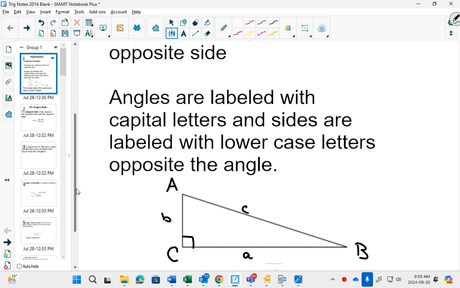And I chose A, B, and C this way because we often talk about a squared plus b squared equals c squared, where c has to be the hypotenuse. So I made sure that in my labeling here, my c was the hypotenuse as well.